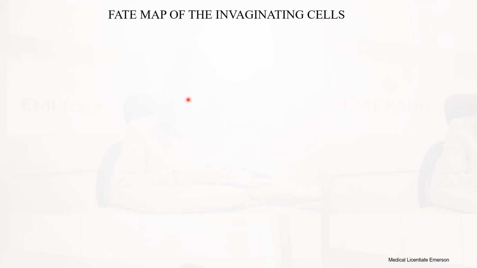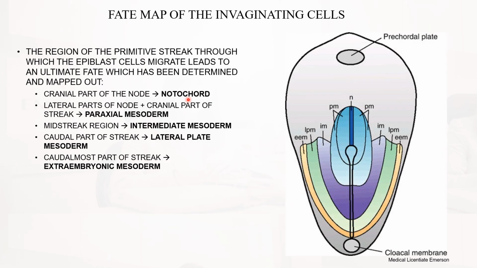So let's go to the fate map of the invaginating cells. The region of the primitive streak through which the epiblast cells migrate leads to an ultimate fate which has been determined and mapped out.